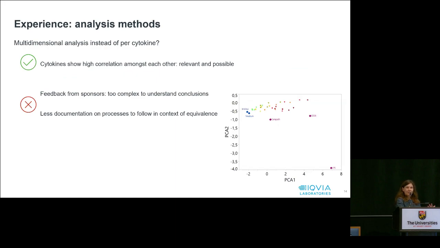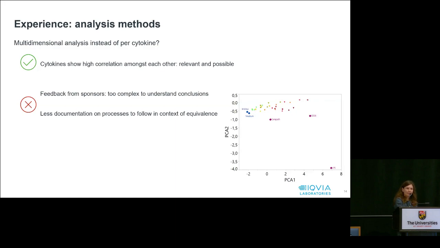We do that as an additional analysis, but we do not do that as the primary analysis for two reasons. The first is that we get the feedback from sponsors that the results from such a multidimensional analysis are too complex to understand the conclusions, and that the per cytokine tests are much easier to interpret. And also, even from a statistical point of view, it's less clear which processes to follow to come to a conclusion of equivalence based on this multidimensional analysis.